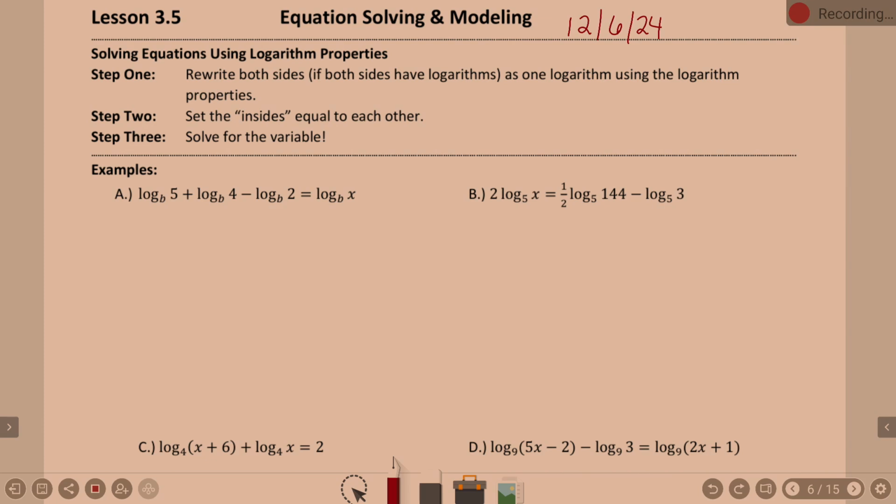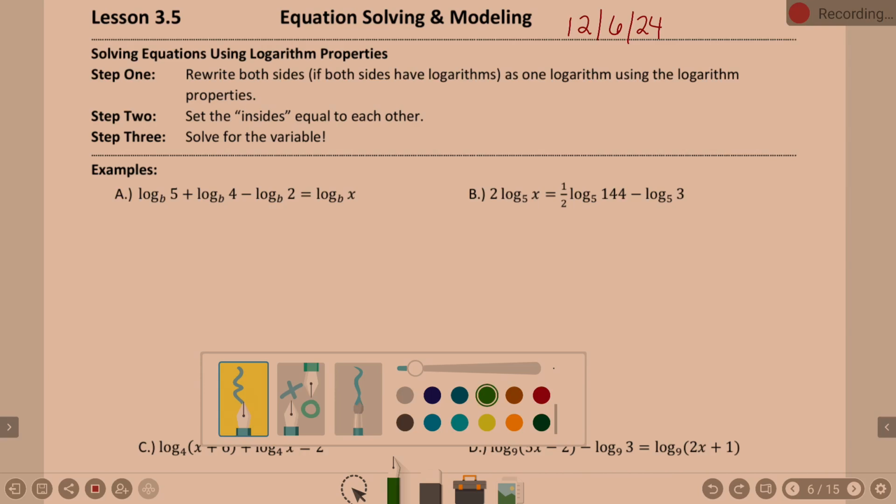Log base b of 5 plus log base b of 4 minus log base b of 2 equals log base b of x. That's a lot of logs. On the left, it suggested we get everything combined.